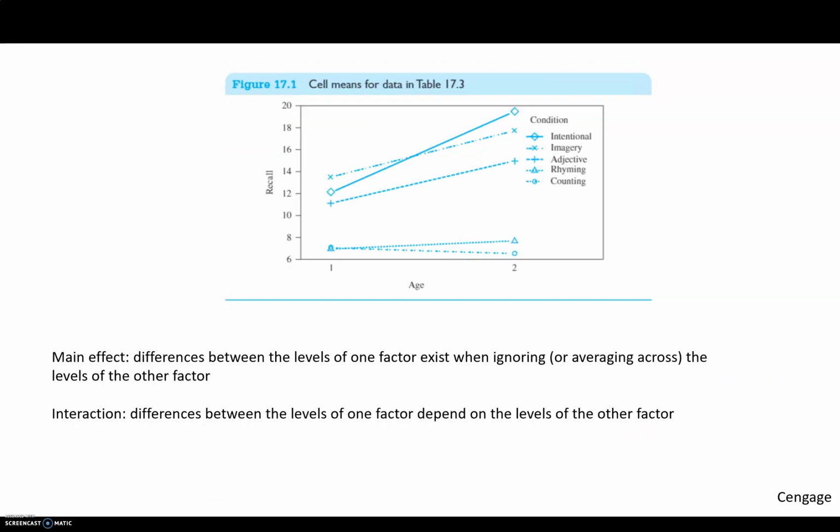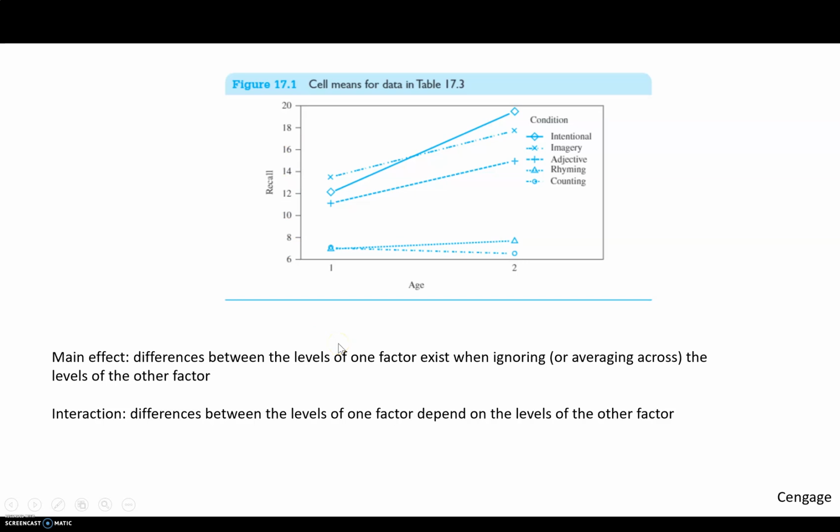You can also depict this graphically after you run all these calculations. These different shapes indicate the different conditions, and then you've got age 1, age 2. Here on the y-axis is the number of items recalled.